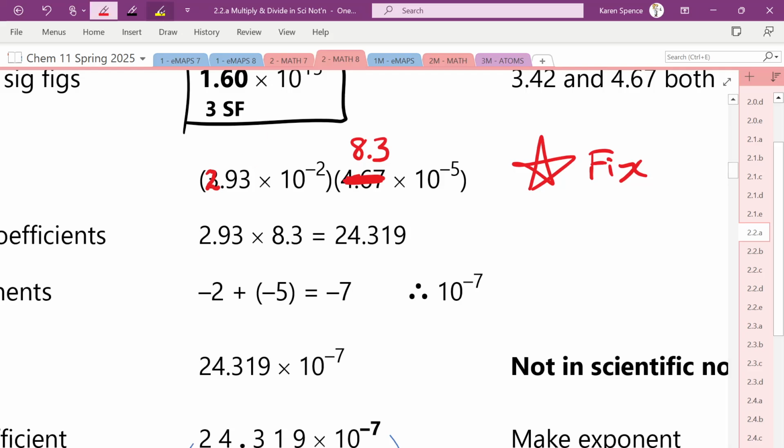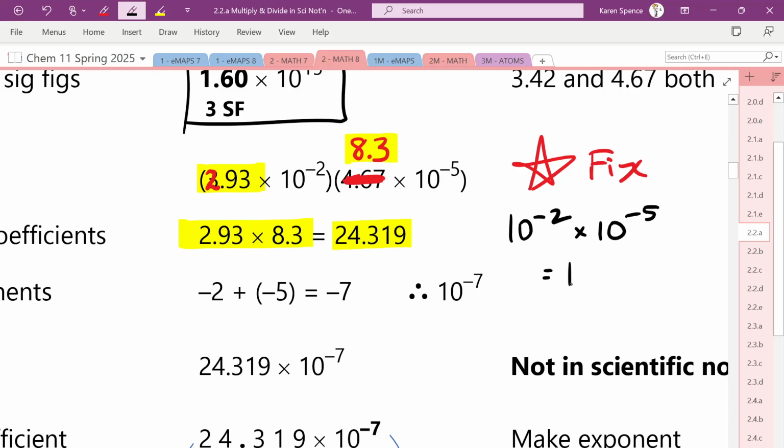So now we have 2.93. We're going to take once again our coefficients and multiply them, 2.93 times 8.3, and we get 24.319. Our exponents, we have 10 to the negative 2, and we have 10 to the negative 5.